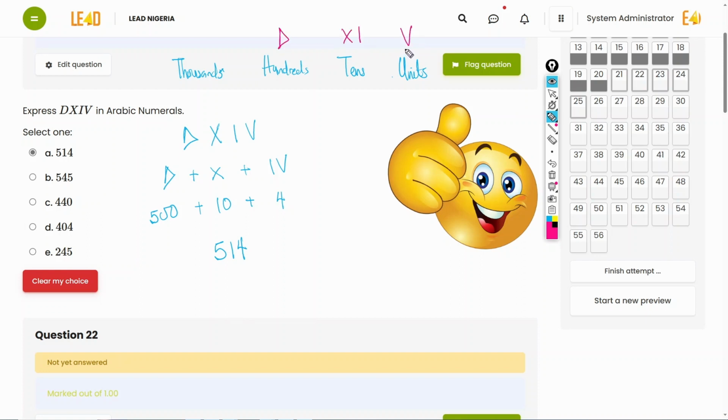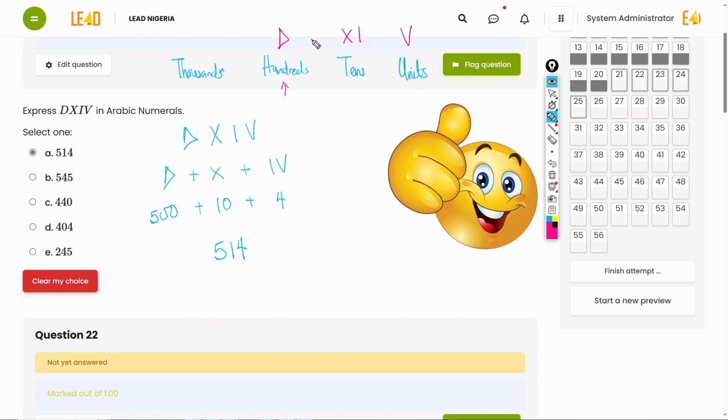So this is where it gets a bit tricky. I also could not have done this because XI doesn't make up tens. XI is 11. So whatever I will have in the hundreds place must be multiples of 100: 100, 200, 300, up to 900. Whatever I'll have in the tens space has to be 10, 20, 30, up to 90, and then the units space. So I cannot have kept 11 here.